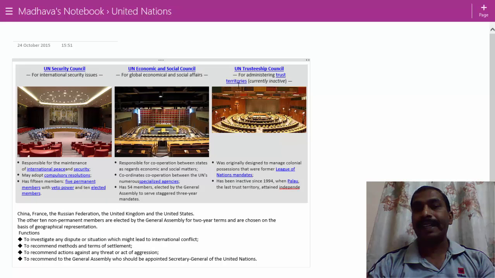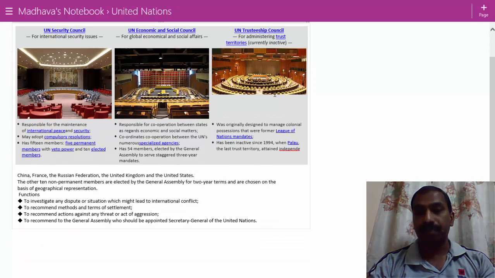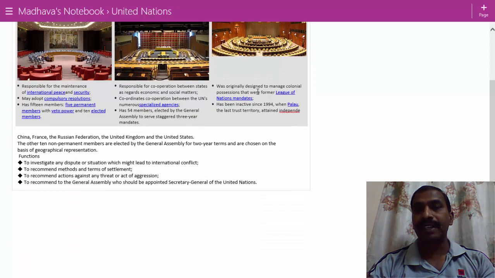The Trusteeship Council is currently inactive. It was originally designed to manage colonial possessions that were former League of Nations mandates, and has been inactive since 1993 when Palau, the last trust territory, attained independence.